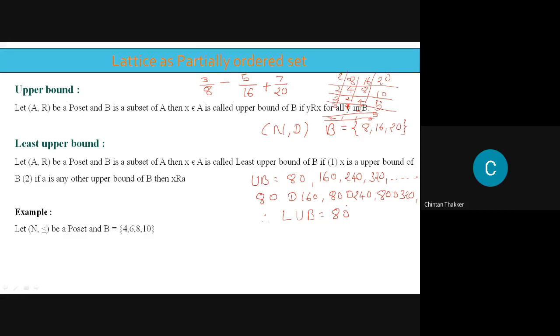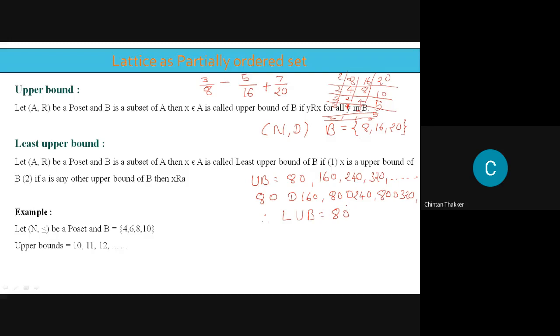So here 4 is related to 10, 6 related to 10, 8 related to 10, and 10 itself related to 10. So we start with 10, and 11, 12 up to infinity. So the upper bounds are 10, 11, 12, 13, 14, and so on.